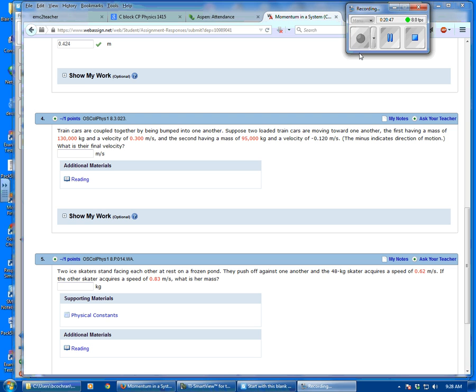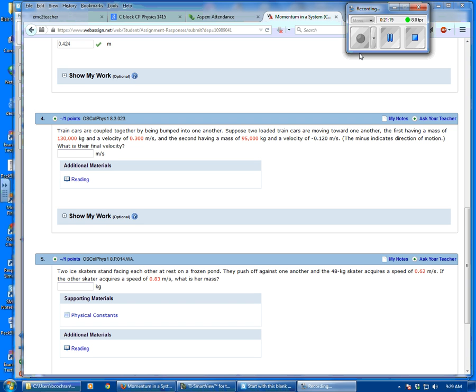Alright, so we're going on to number 4 here, where we've got our 2 train cars that are coupled together by being bumped into one another. This is kind of like number 1, except both train cars happen to be moving in this one. But our reasoning, our why behind this, our understanding of it is the same idea.